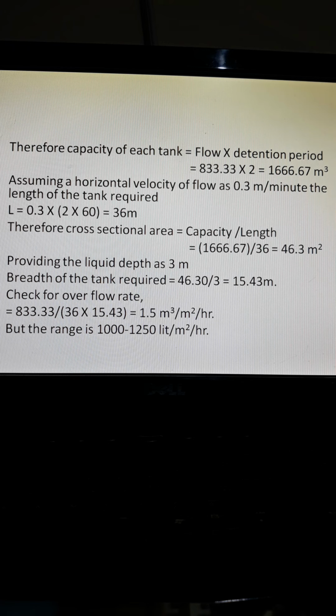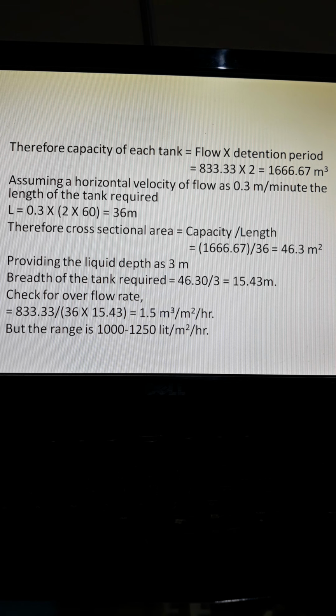So this overflow rate is nothing but the quantity of the water that is treated in a unit time, say per hour. So here in this case, each tank is going to treat 833.33 cubic meter of water in 1 hour, and when this quantity is divided by the surface area, we are going to get the surface overflow rate.